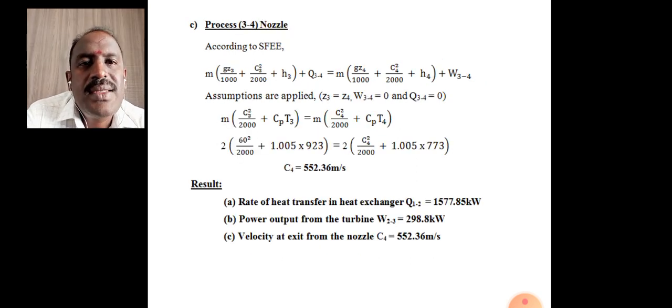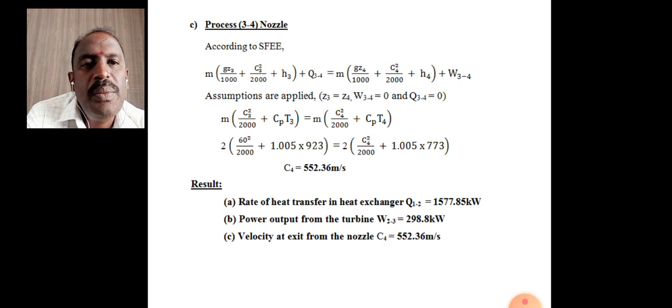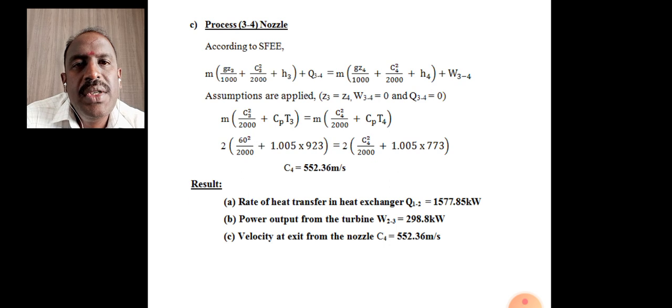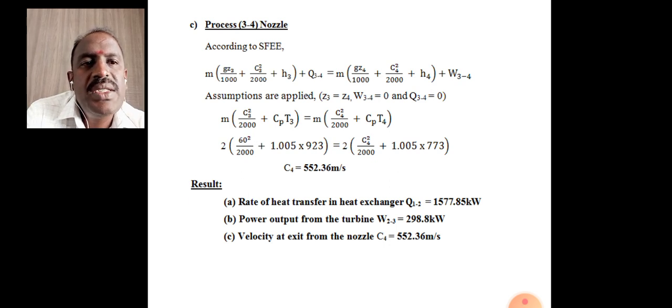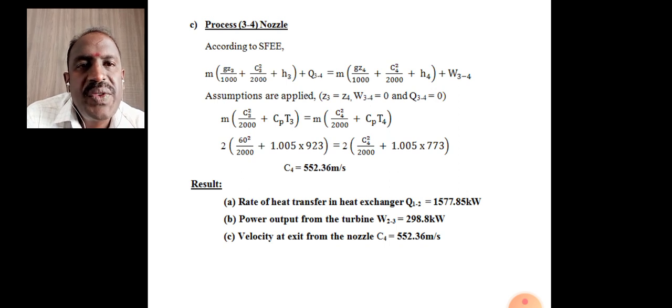For the process 3 to 4, the nozzle, we have to write the steady flow energy equation. 3 to 4, inlet will be 3, exit will be 4. So the formula is m into (g z3 by 1000 plus c3 square by 2000 plus h3) plus q3 to 4, which is equal to m into (g z4 by 1000 plus c4 square by 2000 plus h4) plus w3 to 4. So this is the nozzle.